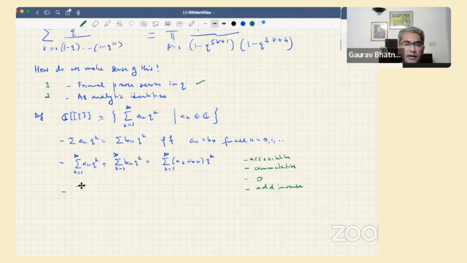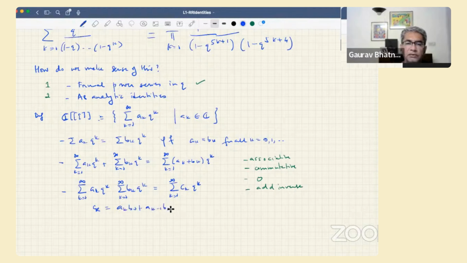You can multiply two of them. So let's see. Sum a_k q^k times sum b_k q^k is defined to be sum c_k q^k, k going from 0 to infinity. And what is c_k? c_k is a_k b_0 plus a_(k-1) b_1 and so on, up to a_0 b_k.